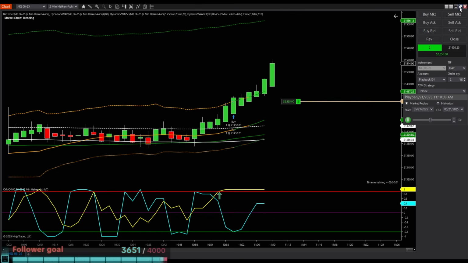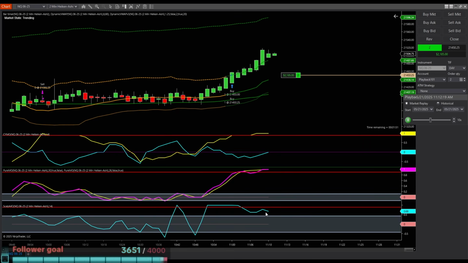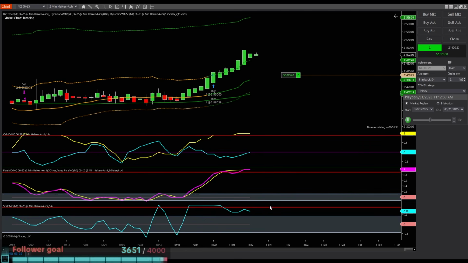You can't really see cycle number 2 at all. It's about just getting started here on this chart, and you have a rotation of momentum going up as well, and you also have a rotation of scalp mode going up here too. So let's go ahead and track that and see how far it goes.